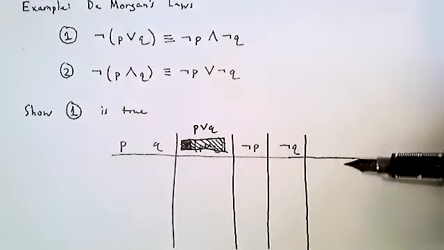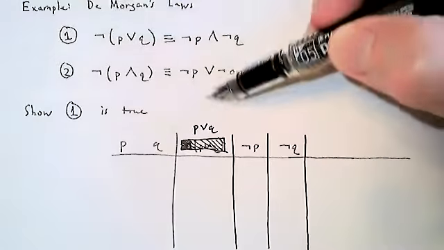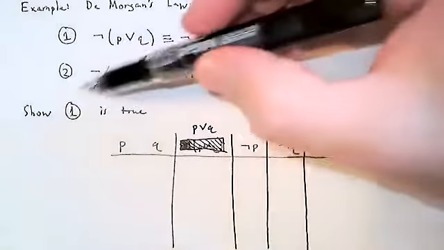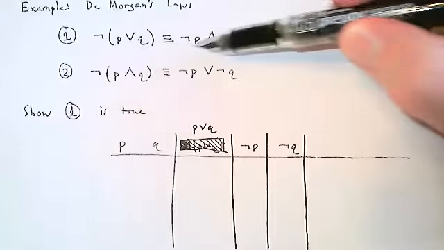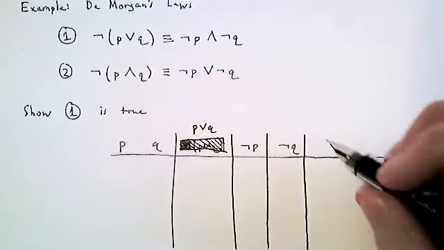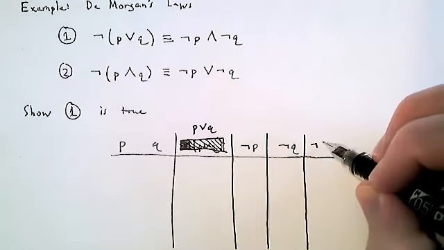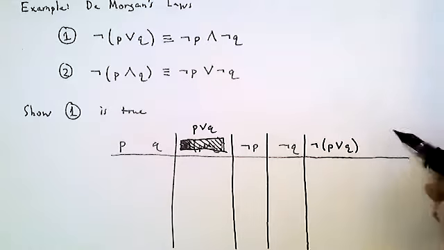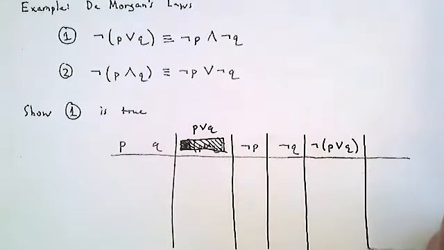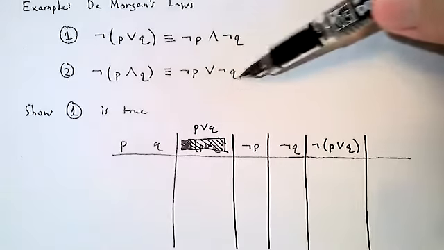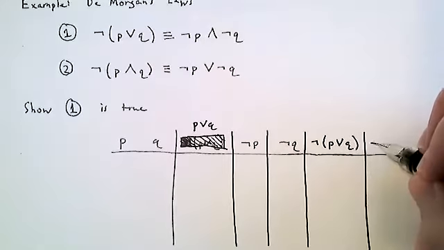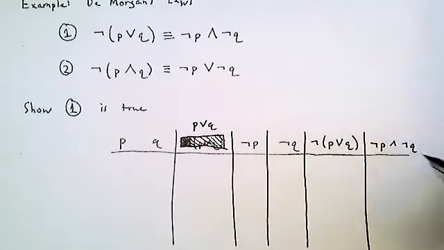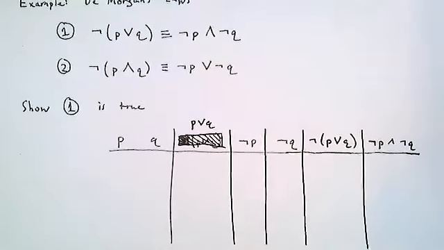And now in this next column, I want to put the negation on this one so that we have the total left side, since I'm trying to show that this first logical equivalence is actually true. And then in my last column, I want to put the total right-hand side. So not P and not Q.